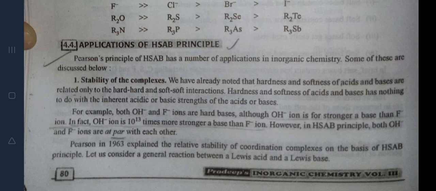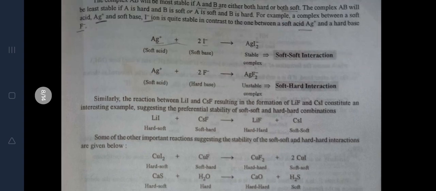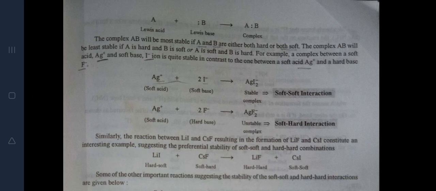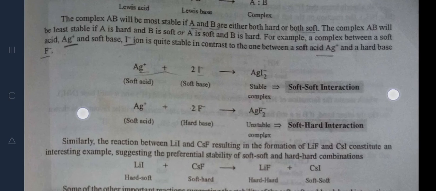Let us consider a general relation between Lewis acid and Lewis base. Lewis acid plus Lewis base is equal to their complex AB. The complex AB will be most stable if A and B are either both hard or both soft.